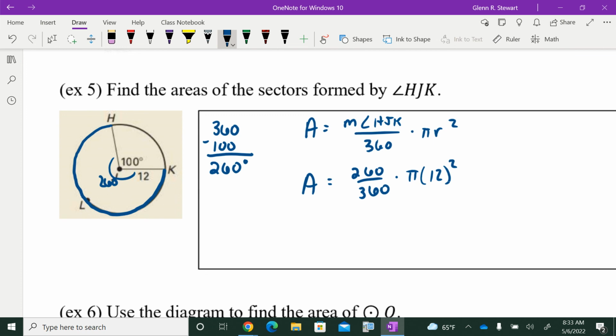Which we can then plug into our calculators in order to solve. If I'm plugging this into my calculator, I'm probably putting the 260 divided by 360 in parentheses, and then times pi times 12 squared, which should give us approximately 326.73, and then just units squared.